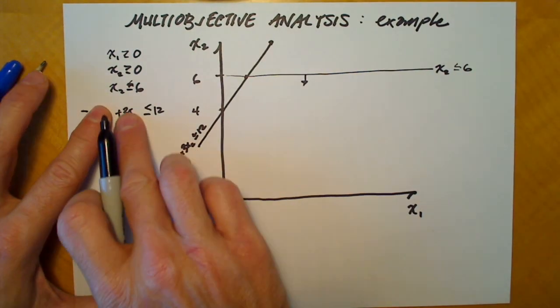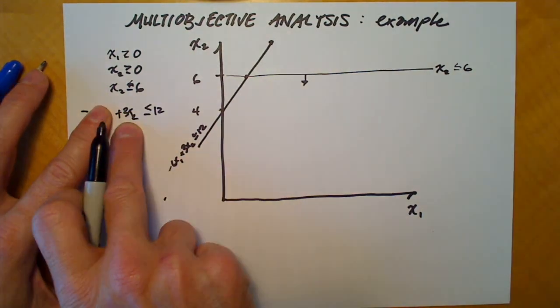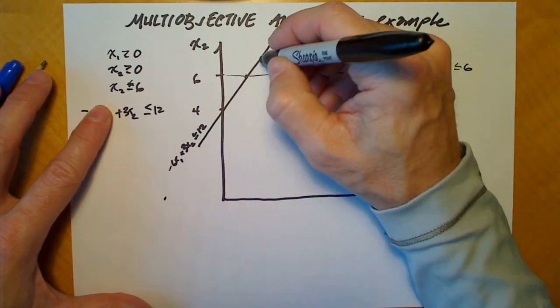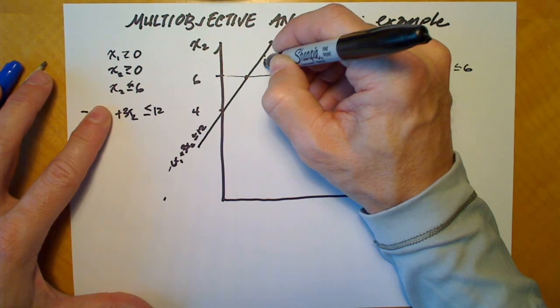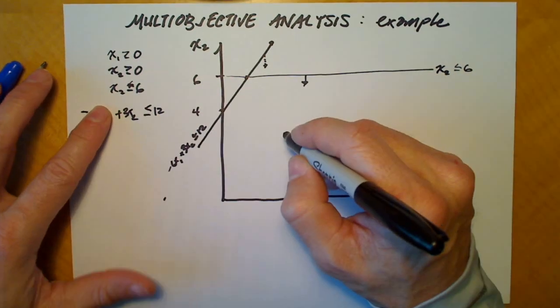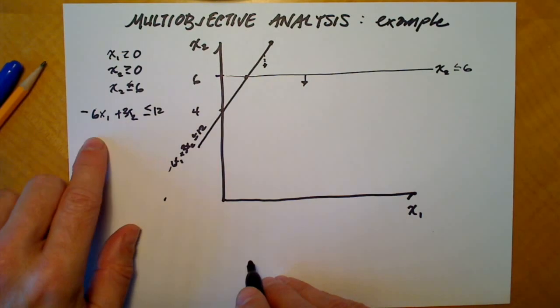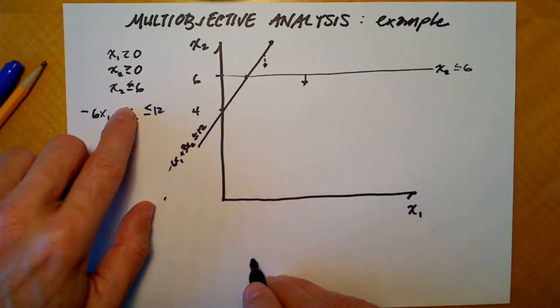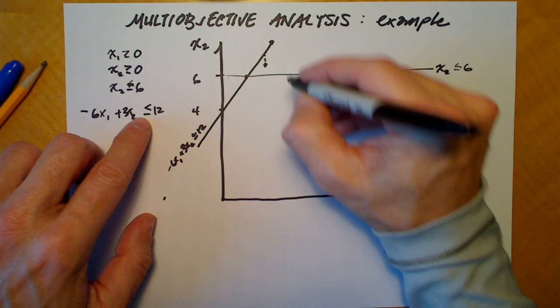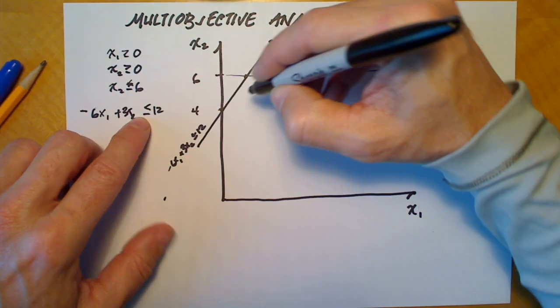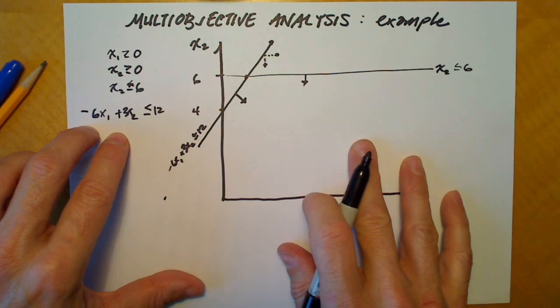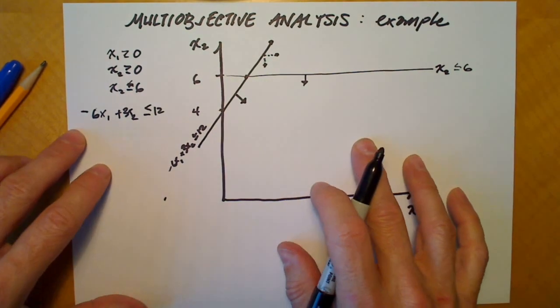Well, in the x2 direction, the term for x2 is positive, and we're less than or equal to 12. So in the x2 direction, we've got to be on the less than side or down. But in the x1 direction, the larger x1 gets, the lesser the left-hand side of the equation gets, which satisfies the inequality. So the feasible region will be down and to the right. Terrific. Let's try another one.